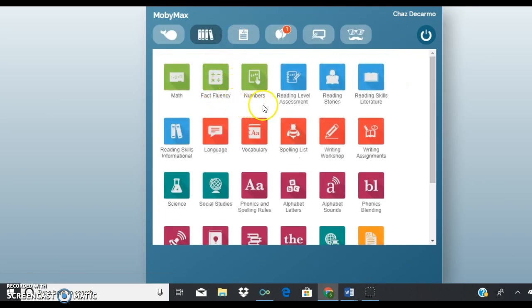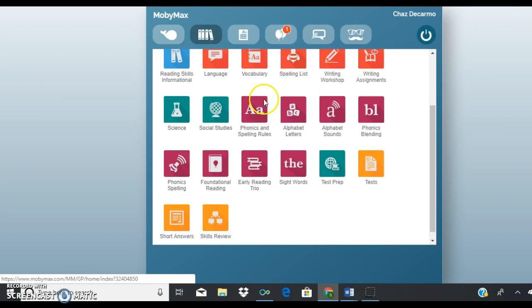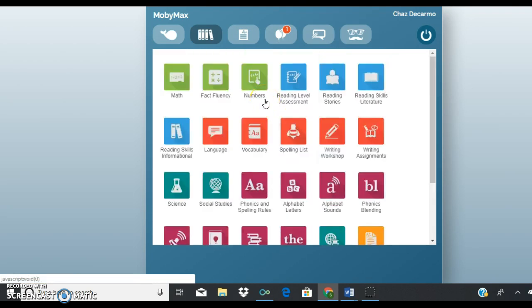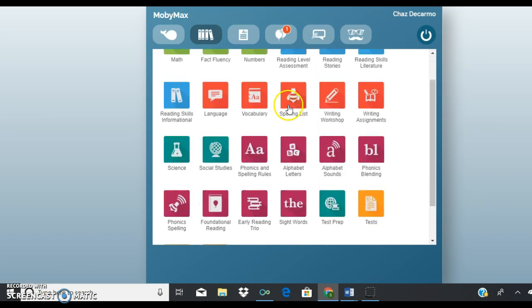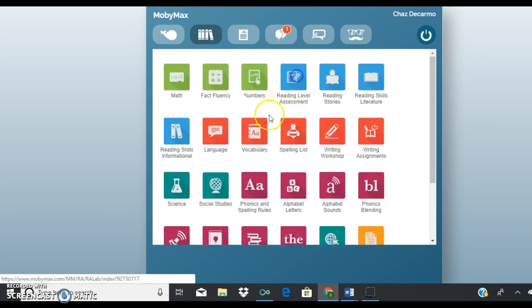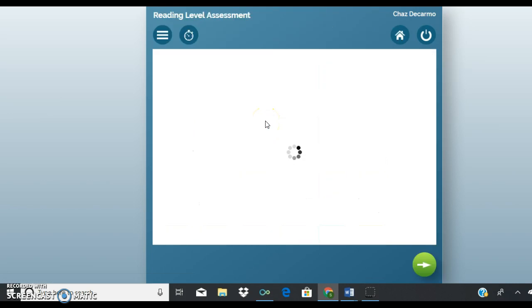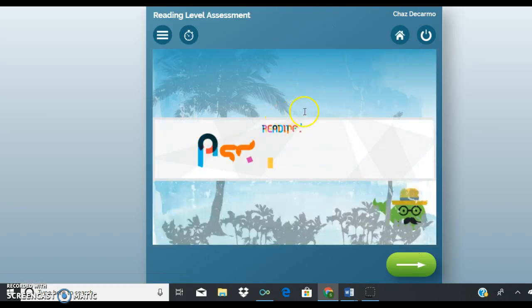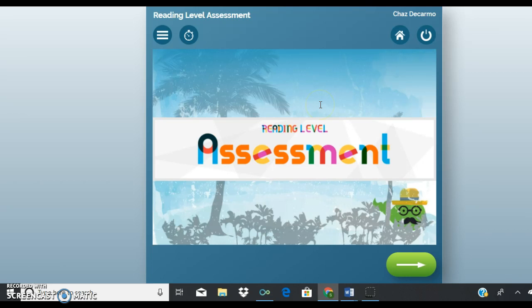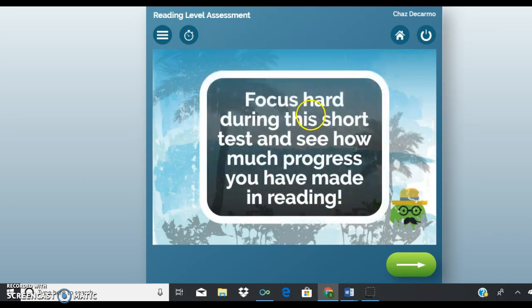So these are different subject areas. They have math, science, fact fluency, reading level assessment. So they have different things. So if we click on reading level assessment, it tells them to focus during this short test and see how much progress you have made in reading.